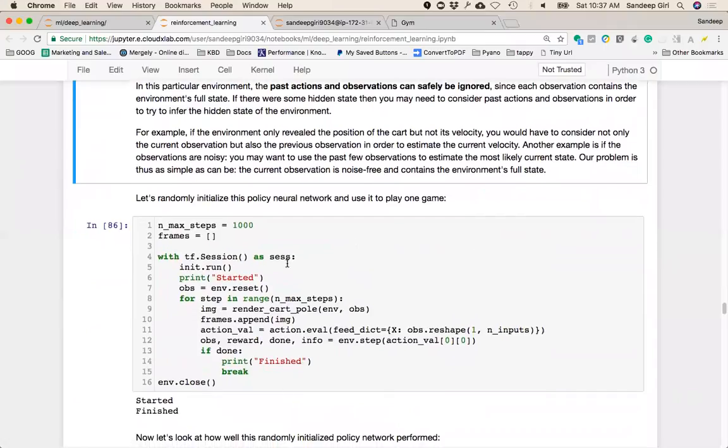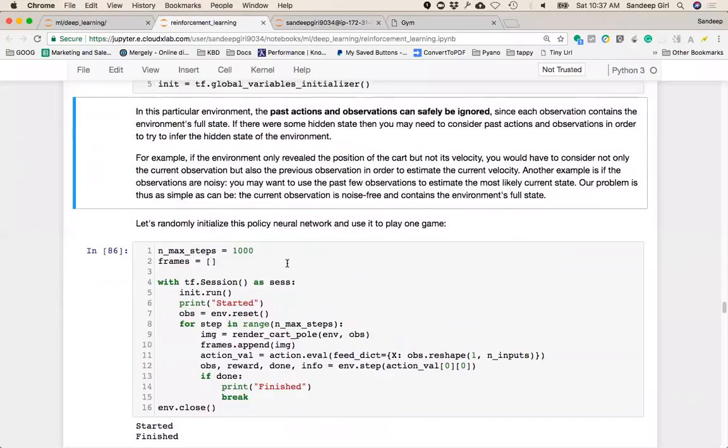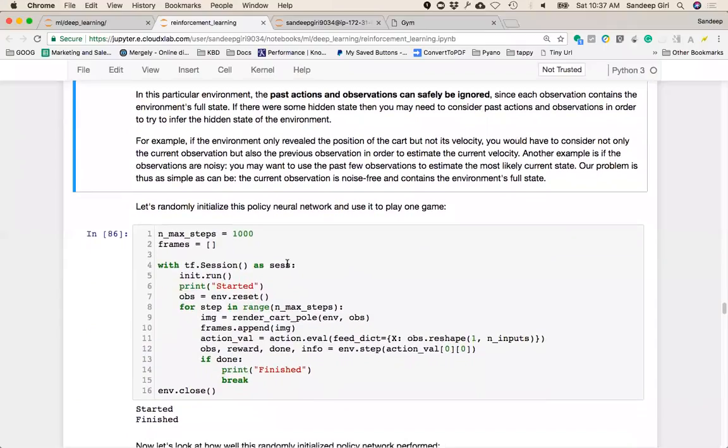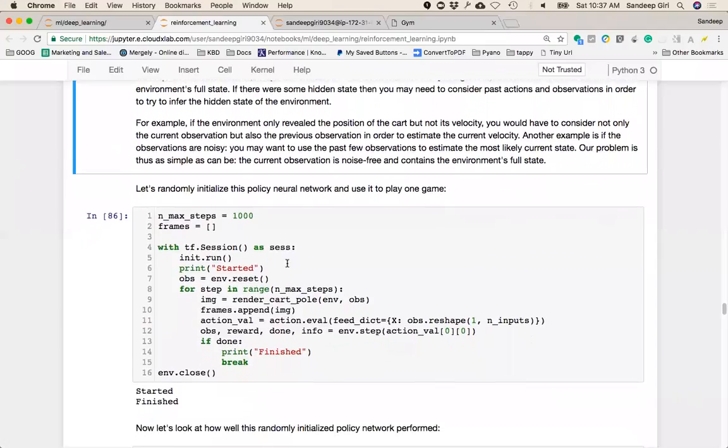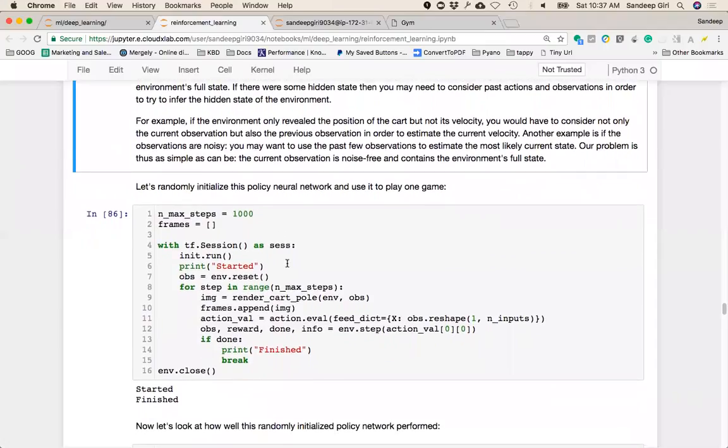So in this particular environment, the past actions and observations can safely be ignored since each observation contains the environment's full state. If there were some hidden state, then you may need to consider past actions, and that will be different.